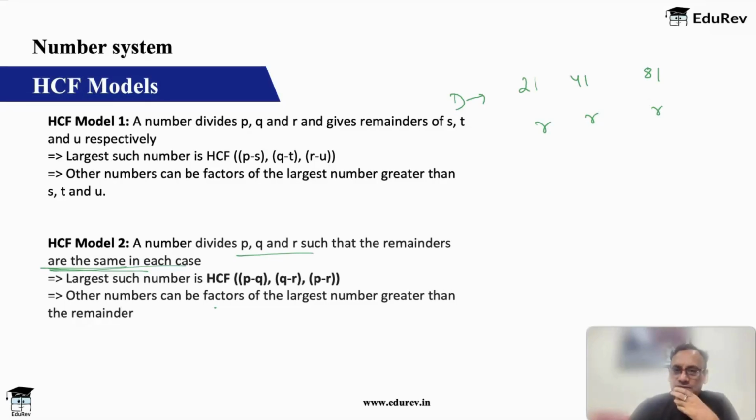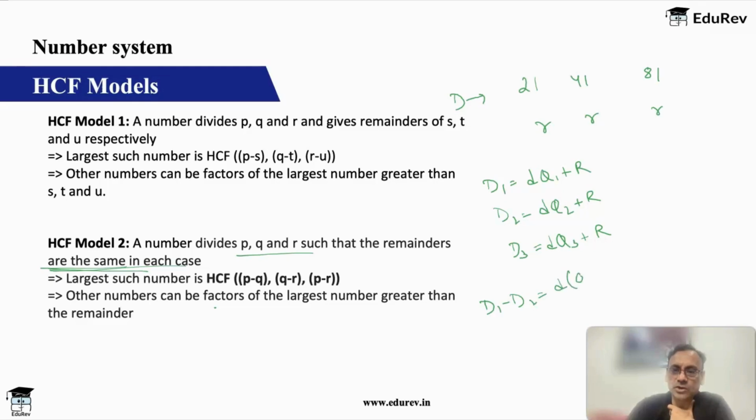So let's make equations. My divisor D is the same, and it is given that the remainder is also the same. D1 is dQ1 plus R, D2 is dQ2 plus R, and D3 is dQ3 plus R. Now if I do D1 minus D2, what do I get? R gets cancelled. You get D into (Q1 minus Q2).